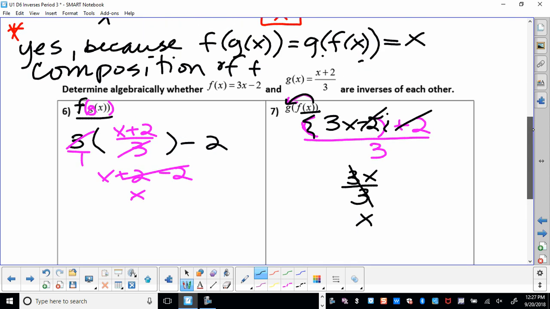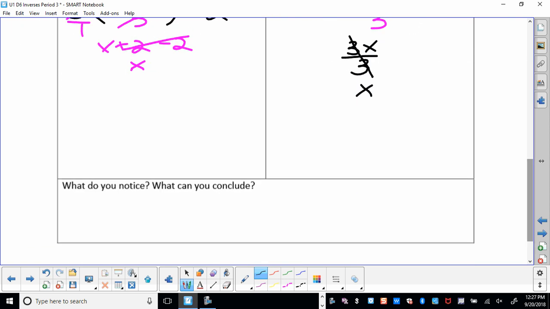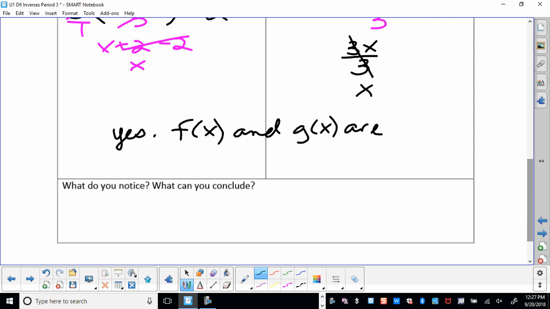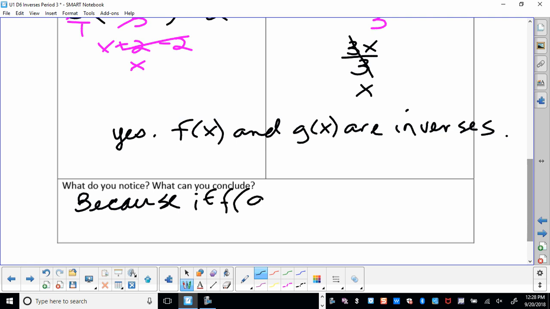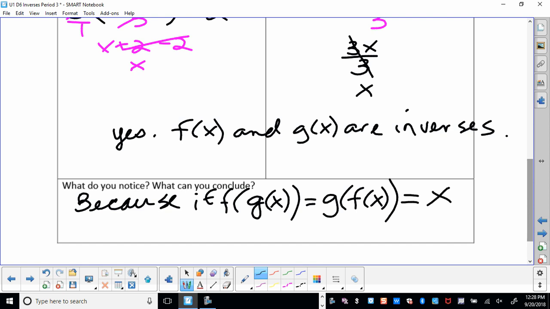So yes, f of x and g of x are inverses, because f of g of x equals g of f of x, which equals x.